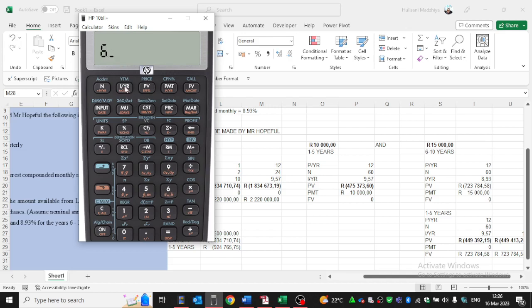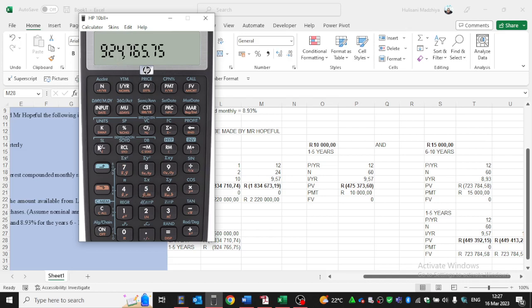So the number of periods is 60, and the PMT that he is going to withdraw is 10,000. So he is making a withdrawal of 10,000, which is a positive amount, so it's an inflow to him. And the amount that he has to invest today is 924,765.75 cents.